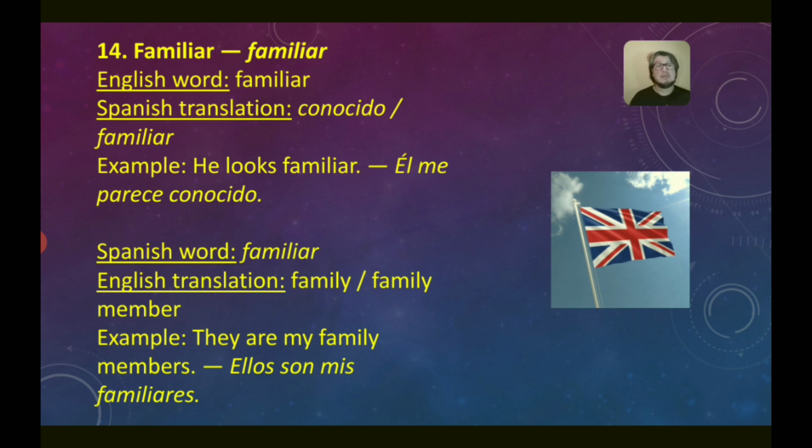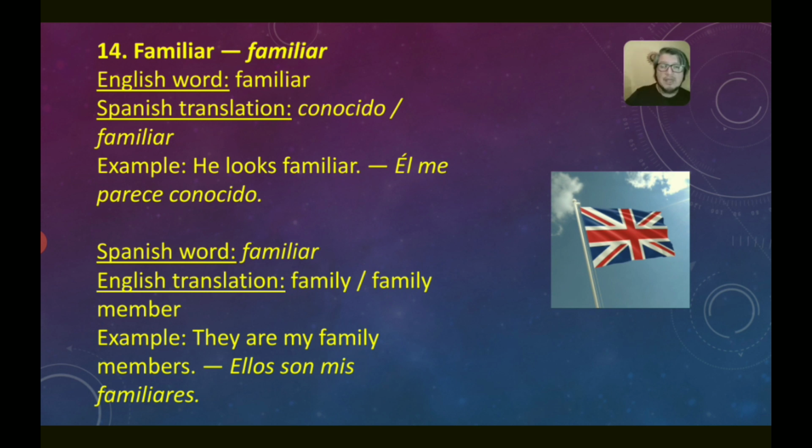Another common mistake: familiar is not familiar. Familiar is known. You look familiar to me. That doesn't mean that I consider you from my family or that you are part of my family. Familiar is that you remind me of somebody else. I think I know you from before. You look familiar to me.